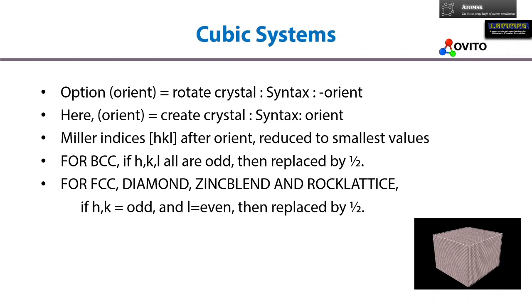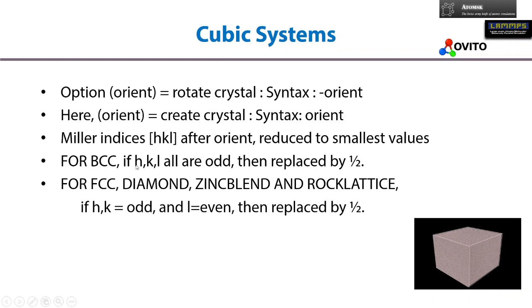So not the same thing. The Miller indices HKL are used after orient, and are generally reduced to the smallest values. For example, if you use 2 2 2, it will use 1 1 1 after dividing by 2, and this happens to all the values.